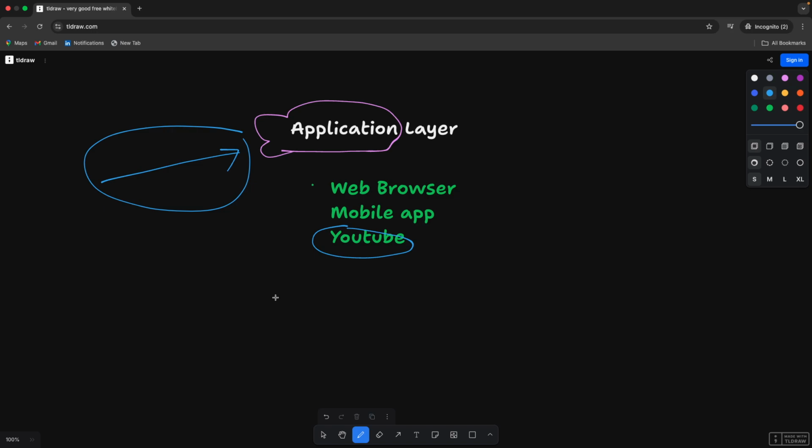So basically, for example, if you're trying to make an API call, right? This is basically you are trying to connect to another computer, where the API is going to fetch and give you the data. So this is a very common thing. And so by application I mean this.